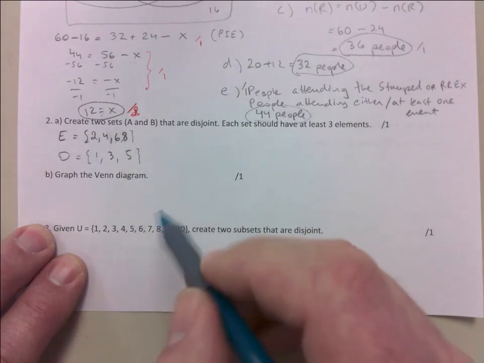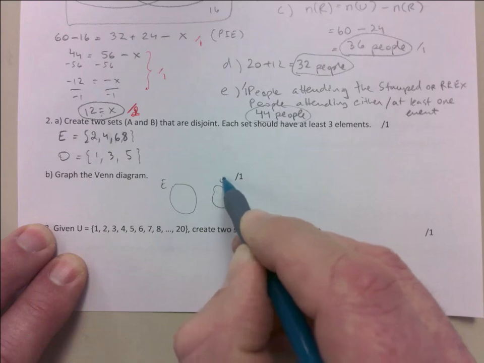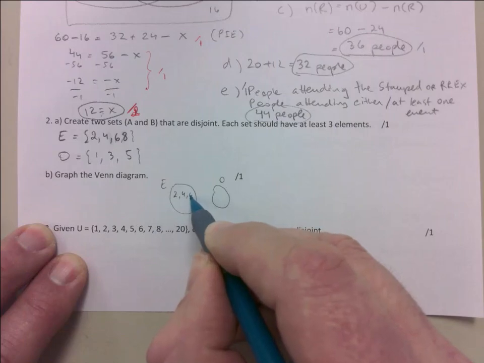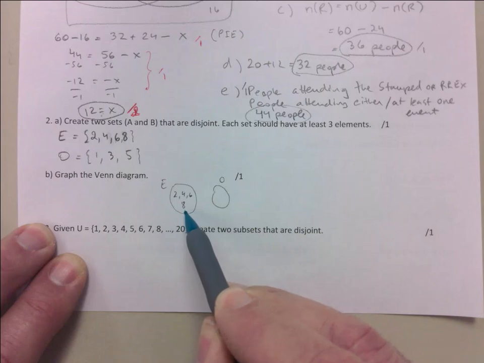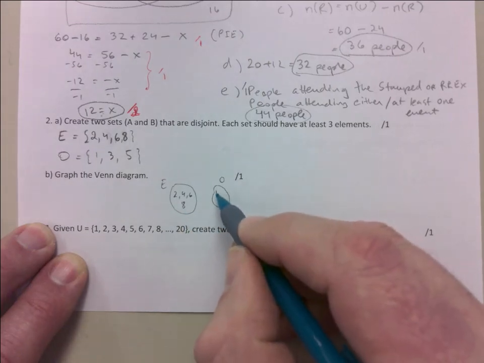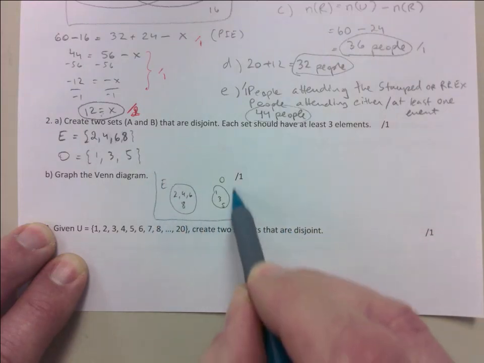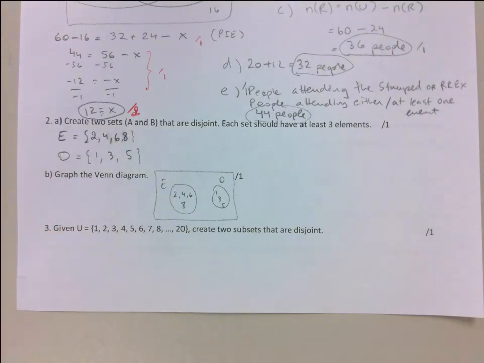Graph a Venn diagram of these. So you'd have evens and odds, and you've got 2, 4, 6, 8. So when it comes to actual elements, you need to list them all inside. So this would be 1, 3, 5. And I've got my universal around it.